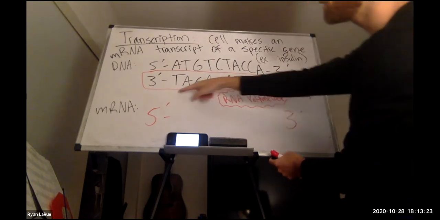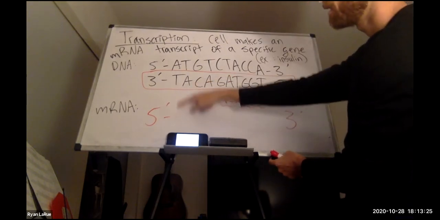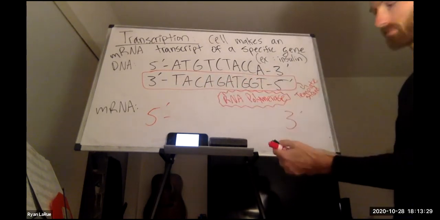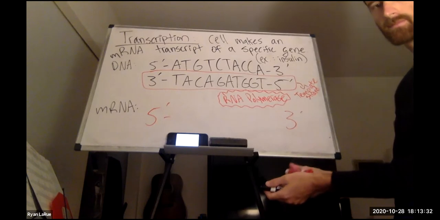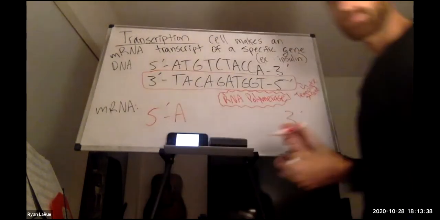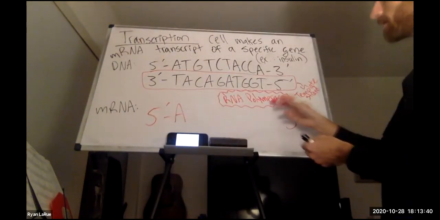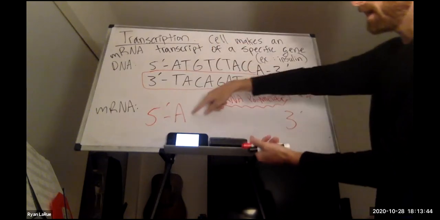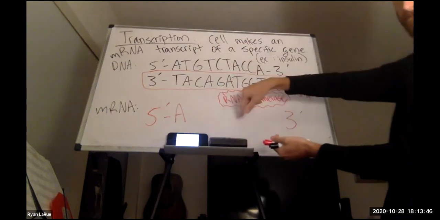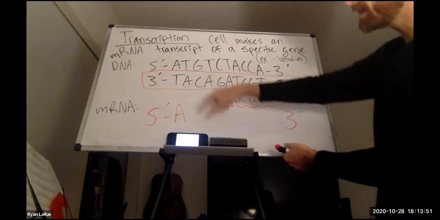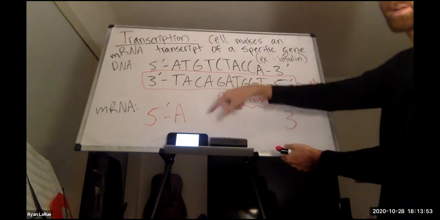But what is the complementary base to T, thymine? We talked about this: A always goes with T. So this polymerase enzyme is going to throw in an A to create this mRNA. Okay, what's complementary to A? What will come next?